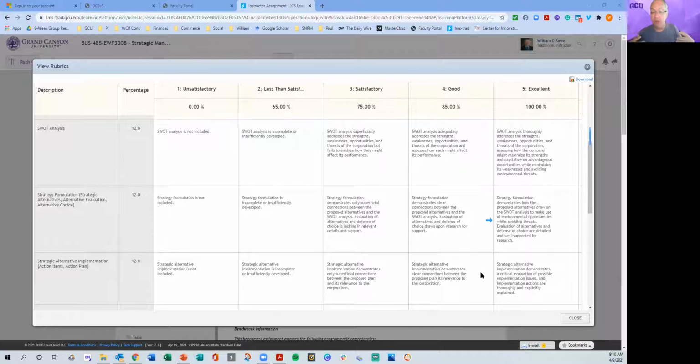So you need not only to tell me again what your strategy is, what your strategic alternatives are, but you need to prove to me why you chose them. You need to back it up with references. You need to back it up with data. So you will need references in your PowerPoint, okay? Even though you've given me your references before in previous papers, you still have to cite them in this work.